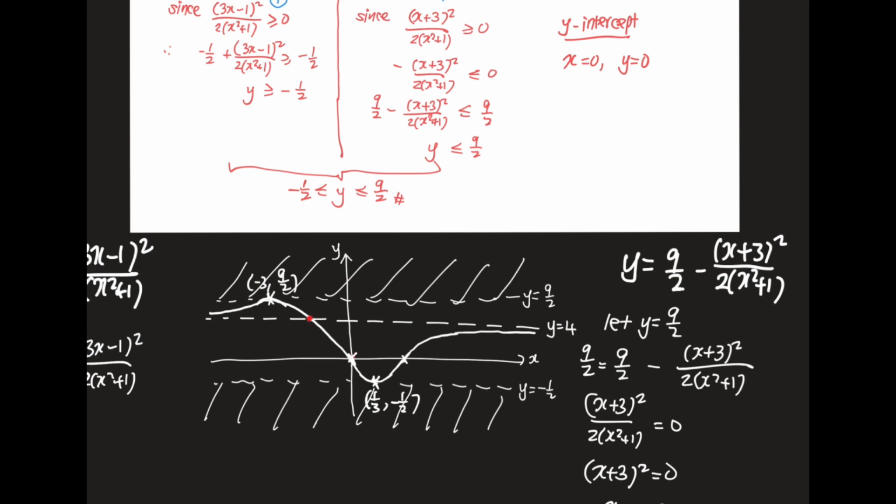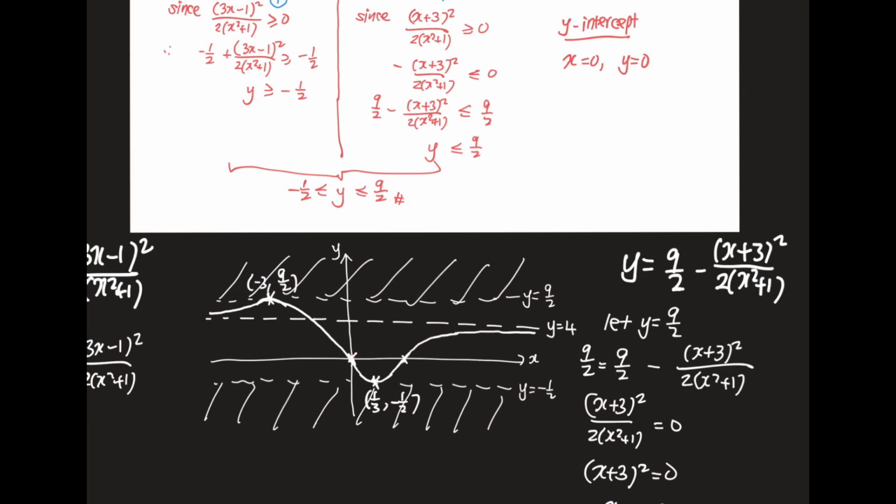If you want to confirm whether the graph really passes through the asymptote somewhere around here, you may try maybe negative 2. I put negative 2 to see whether it is very close to 4. I get 4.4. Maybe I try negative 1.5.